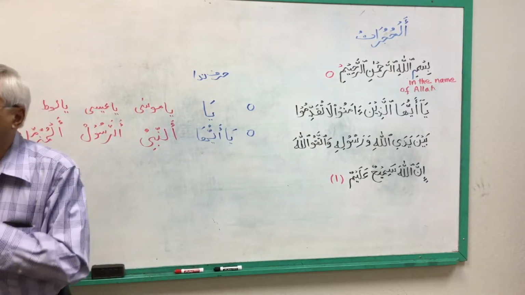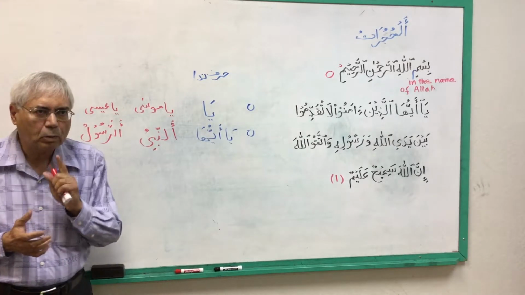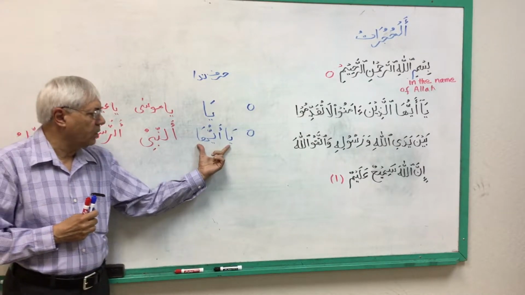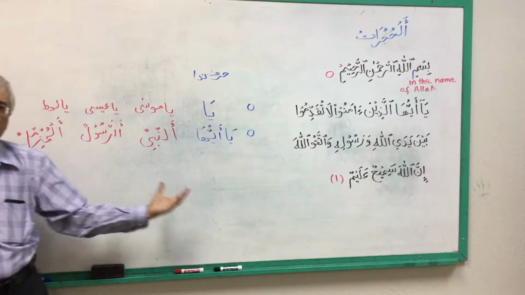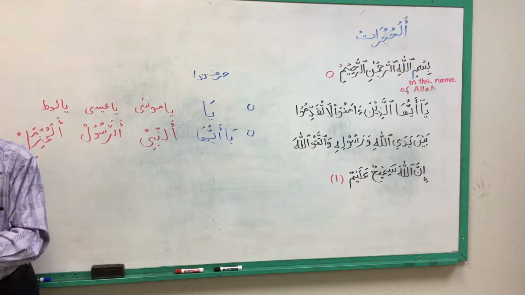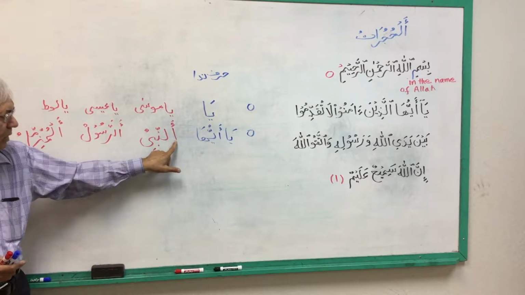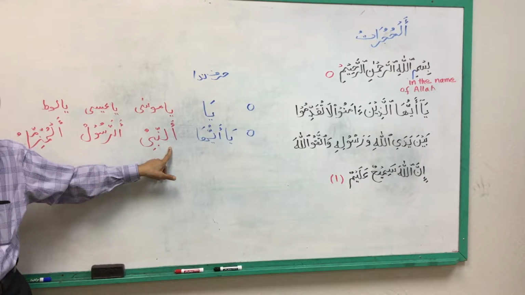Whenever the word Ya Ayyuha is used in the Quran, which has the same meaning as Ya, the words that come after it, who is being addressed, start with the letters Al, the two letters Alif and Lam.